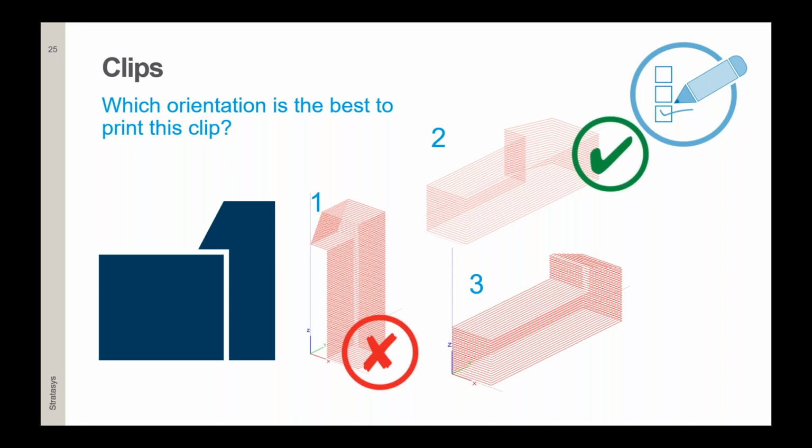Number 2 is correct. We have those layer lines, and if you remember the first session, the contour around the clip is going around through the whole part, which means we have a better strength there. And the third is something in between. It's not optimal. We could print like this in the worst case scenario.